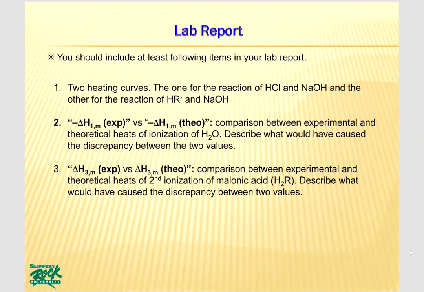Describe what would have caused the discrepancy between the two values. Number 3. Compare the experimental heat of second ionization of malonic acid with the theoretically calculated value. Describe what would have caused the discrepancy between the two values.